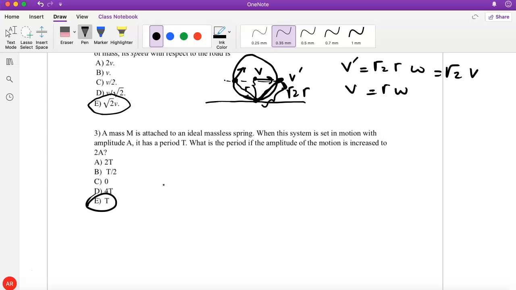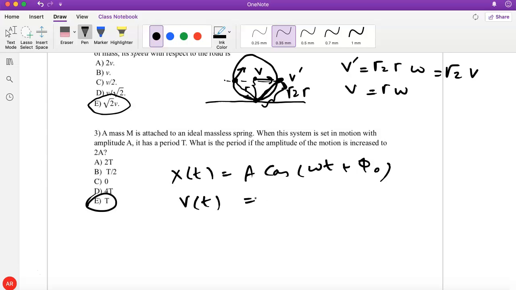What was the period? We can quickly calculate it. So remember, if x of t is, let's say, the amplitude times cosine of omega t plus some phase constant, the velocity becomes minus a omega sine of the same thing.